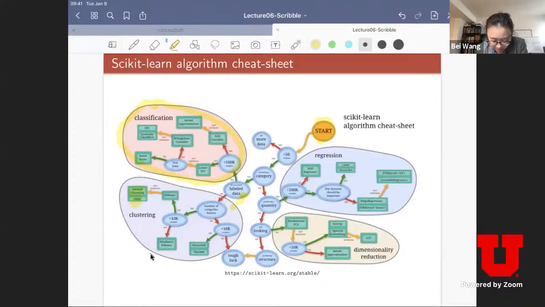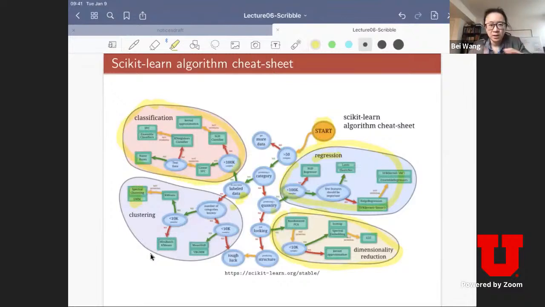If I care about a quantity and it's more of a regression issue, I go to the area for regression tasks. And if I want to get a quick overview of how my data is distributed, I can maybe apply dimensionality reduction. So it's a sort of guidance for when you have data.